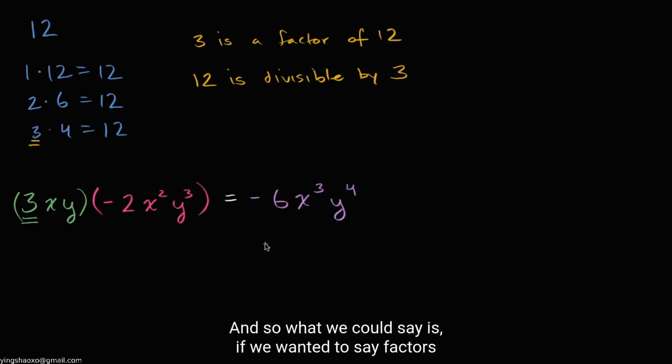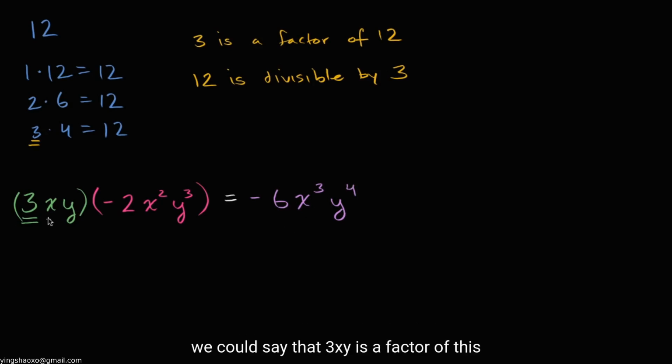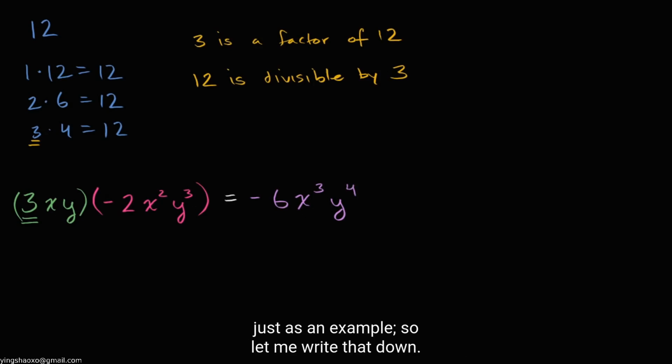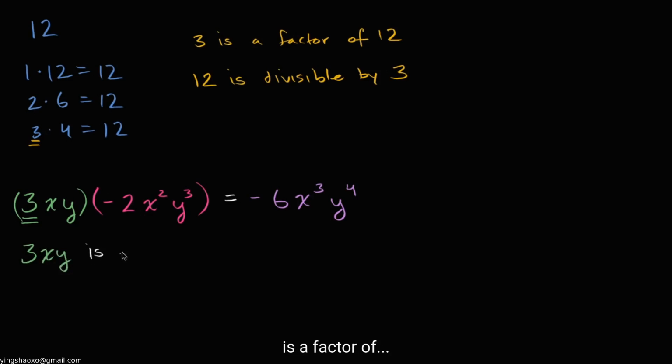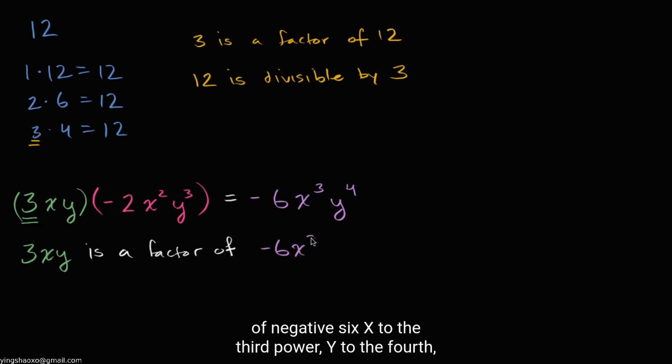And so what we could say is, if we wanted to say factors of negative 6x to the third y to the fourth, we could say that 3xy is a factor of this, just as an example. So let me write that down. We could write that 3xy is a factor of negative 6x to the third power y to the fourth.